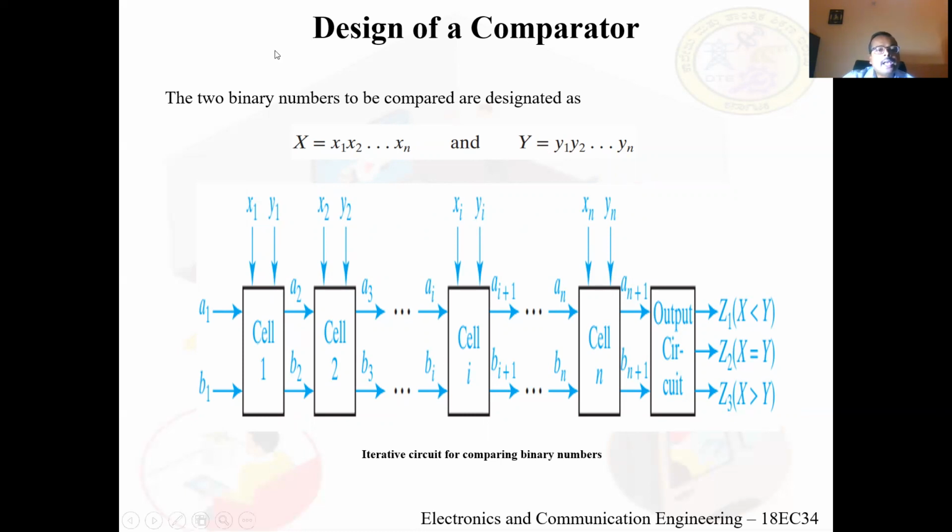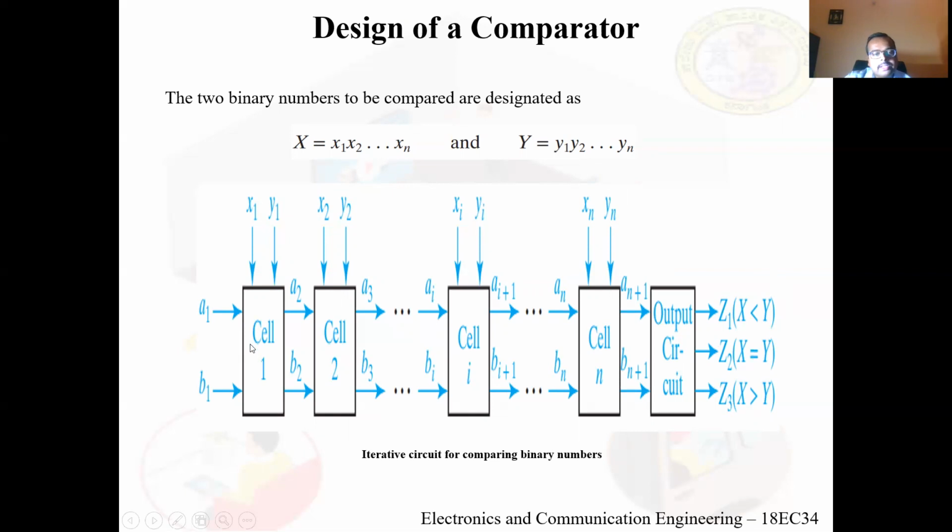As I said, we'll compare two n-bit binary numbers, designated as x and y, each of length n, x1 to xn and y1 to yn. The diagram shown here is that of an iterative circuit for comparing two n-bit binary numbers.